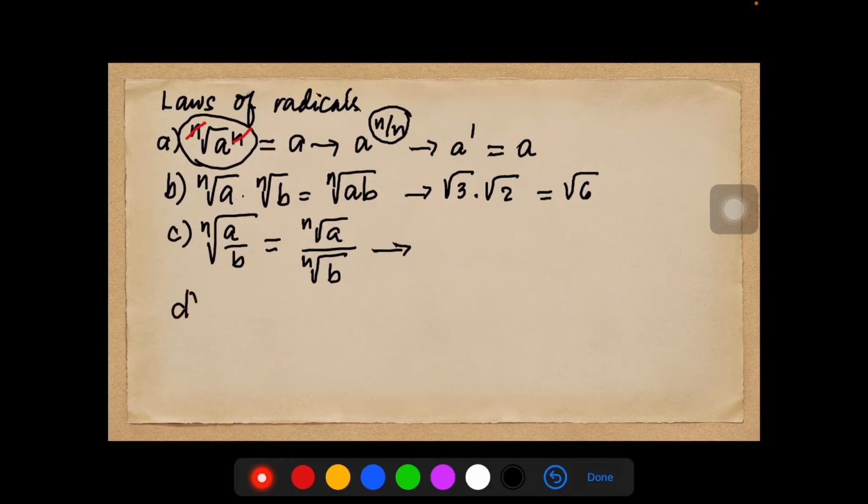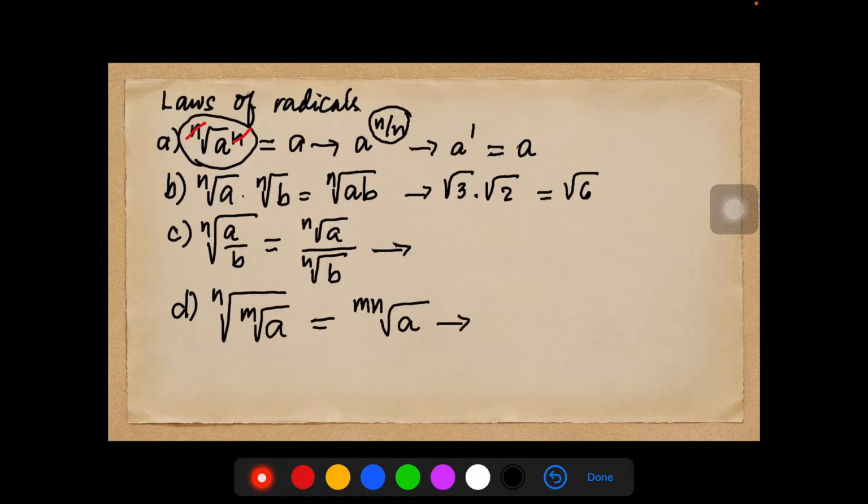For letter D, or the last law of radicals, we have the nth root of the nth root of a. So this is a double radical. Take note that there are two radicals with the same radicand. So we have the mnth root of a, or we're going to multiply the indices in order to come up with a simpler form of the radical.